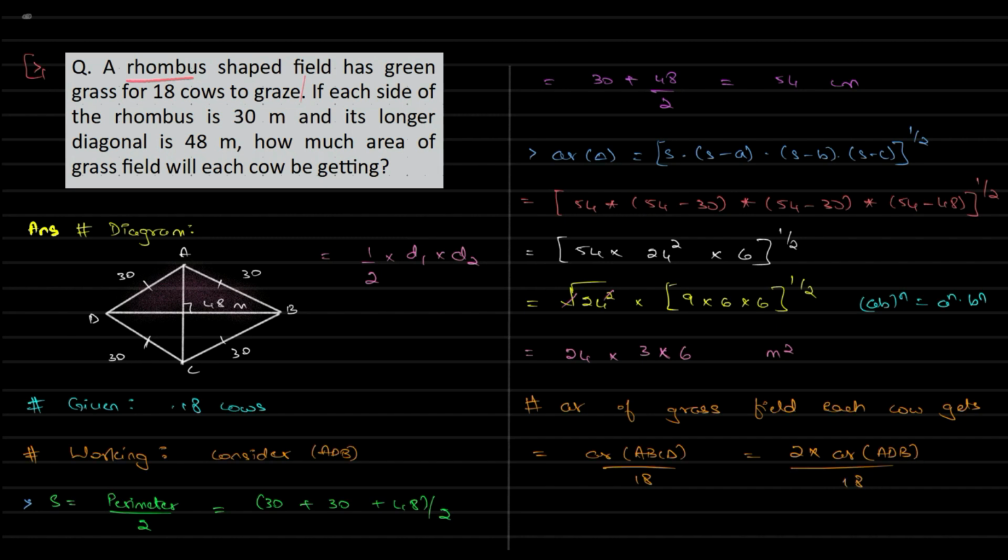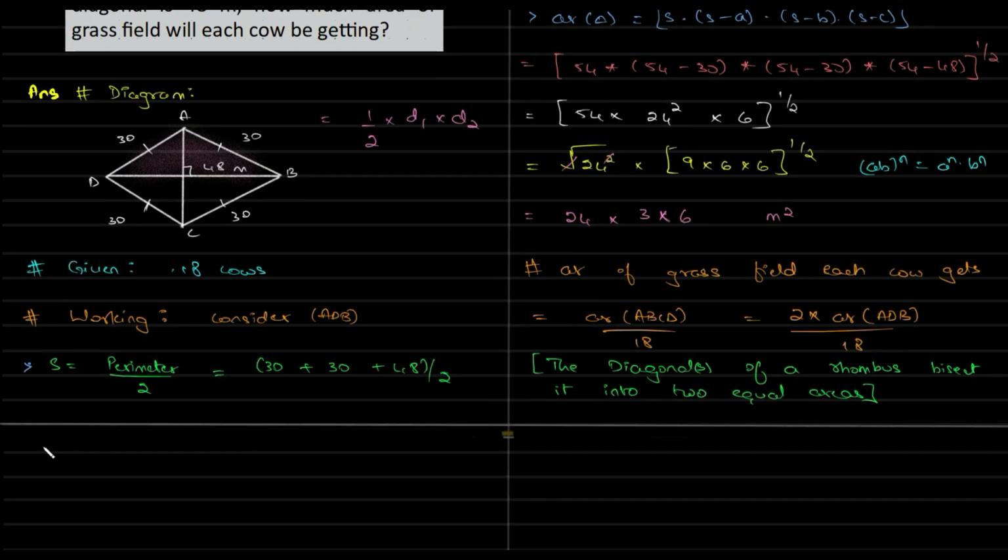But why is it 2 times? Because the diagonal of a rhombus bisects it into 2 equal areas.